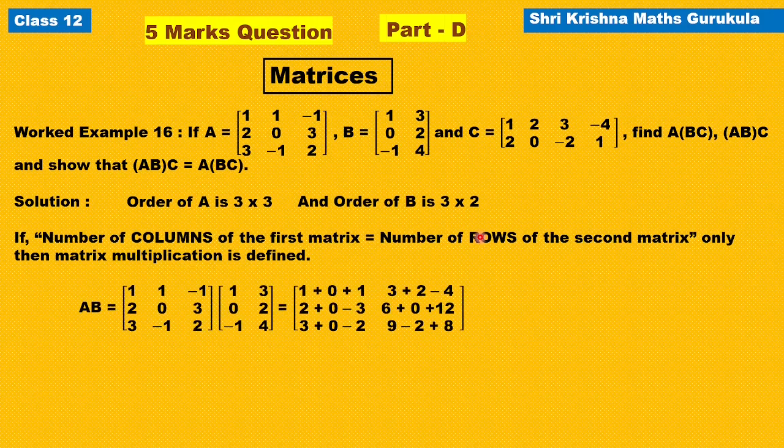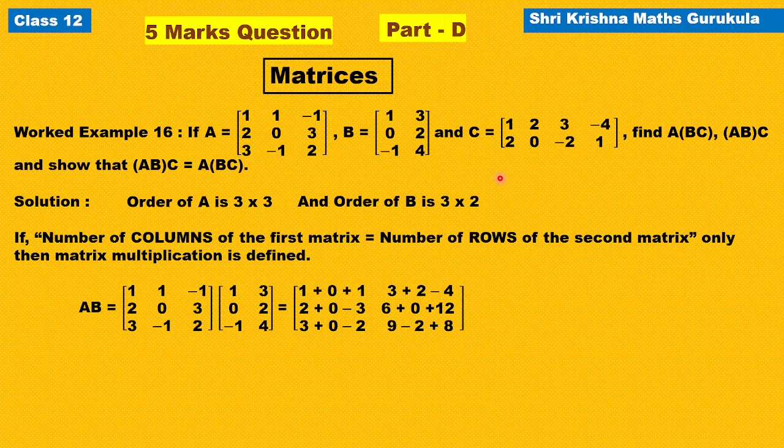Now we shall consider the two matrices to be multiplied. And in general, whenever a question appears for 5 marks, definitely such matrices will be compatible for multiplication. But you need to know this condition. When you will be solving MCQs, you have to check this condition. Otherwise, for 5 marks, definitely they will give you matrices whose multiplication will be possible.